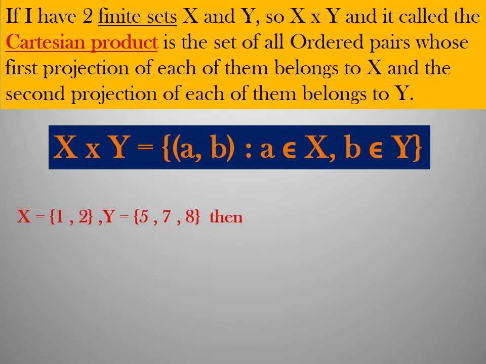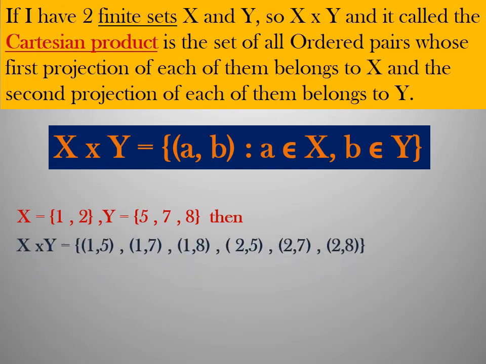Now, if I have a set x equal to 1 and 2, this x contains two items, 1 and 2, and y contains three items, 5, 7, 8. And I want to find x crossing y.